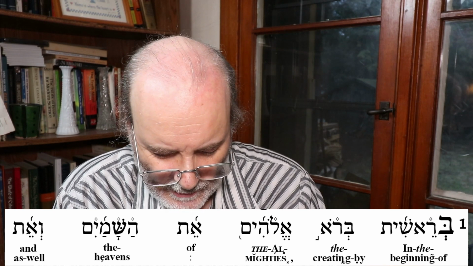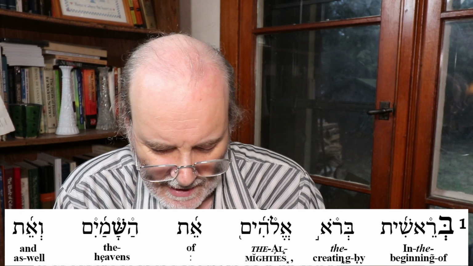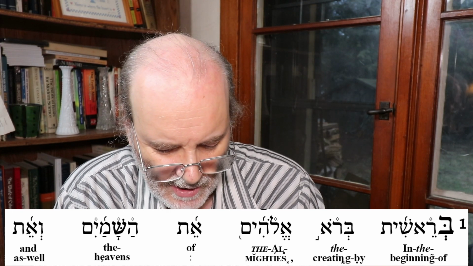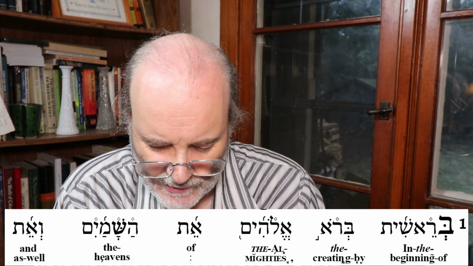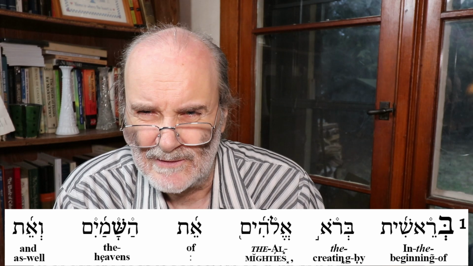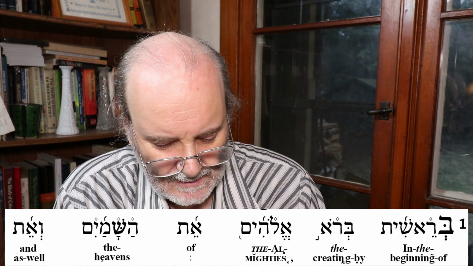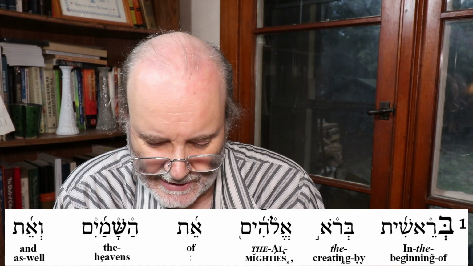Barreau still has the verbal property that transfers to the objects marked by et, the heavens and the earth. So the action possessed by the Almighty is performed on its objects, the heavens and the earth. Notice that the action is qualified by in the beginning of.